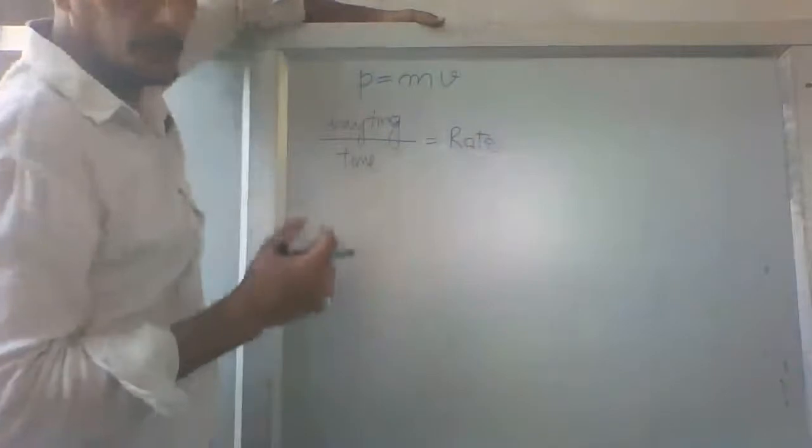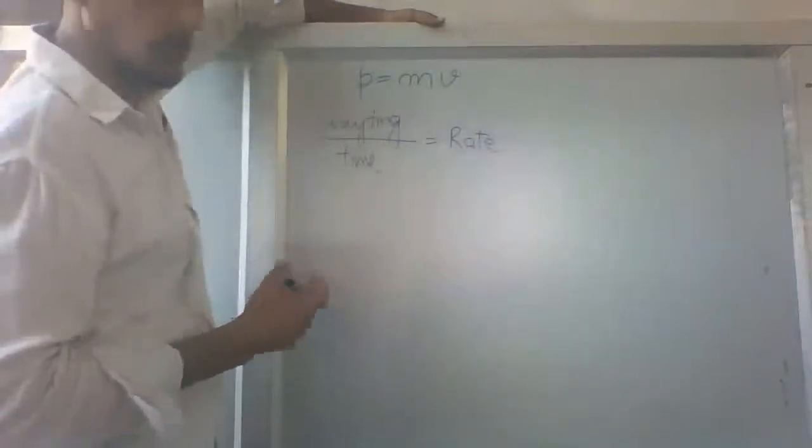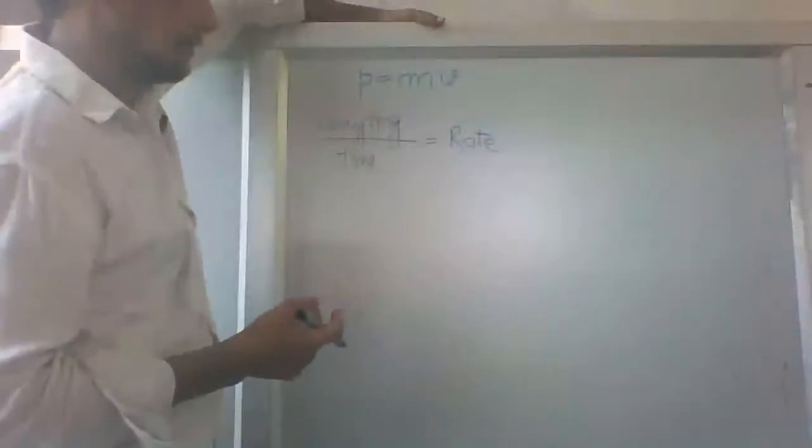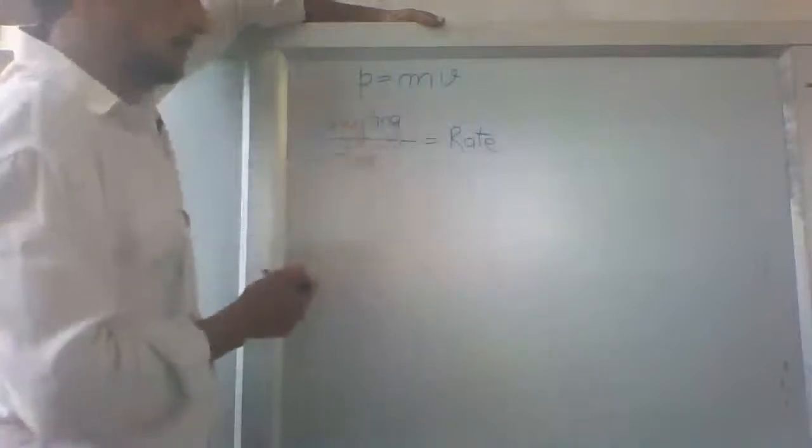This is the most important concept of physics, chemistry, biology, and mathematics also. So anything divided by time is called the rate.